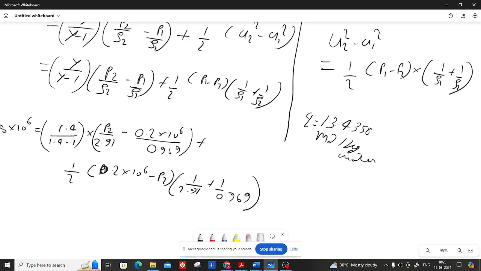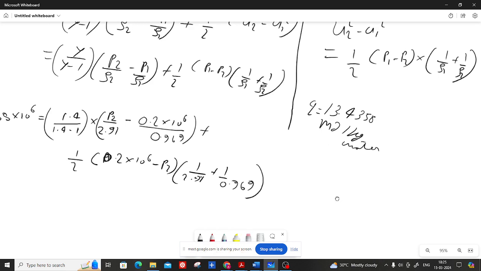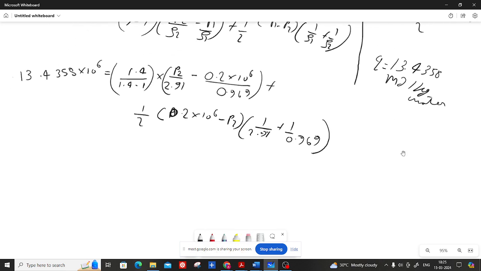So this is just one equation with one unknown, so we can find P2, right?